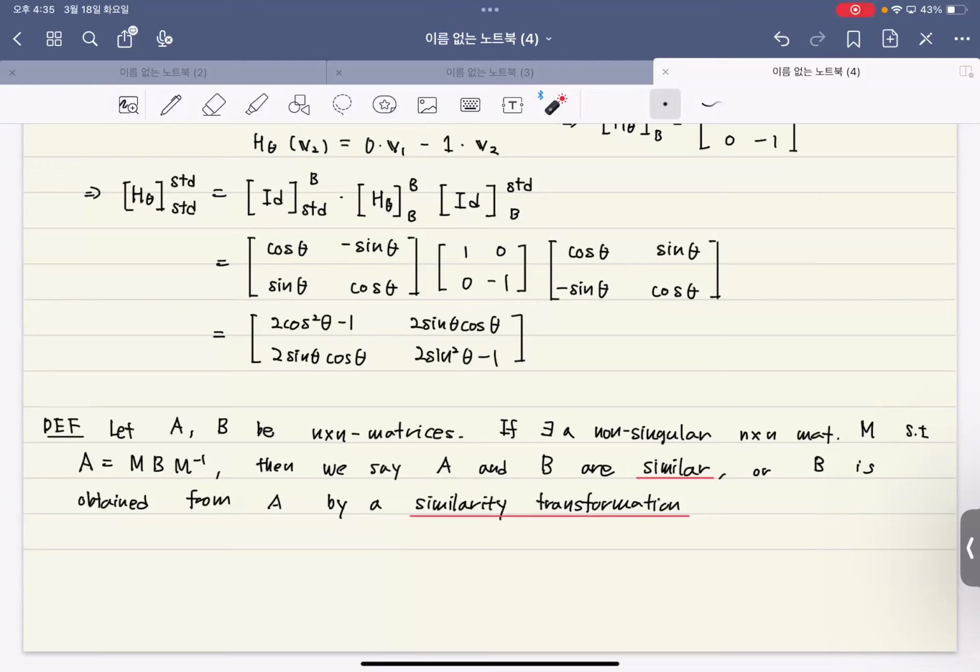Similar matrices always represent the same linear transformation. Only the choices of bases are different, but we cannot say one is better than the other. They are all equally important because there is no God-given choice of basis. Every choice of basis is equally important. Therefore, similar matrices are the same thing.